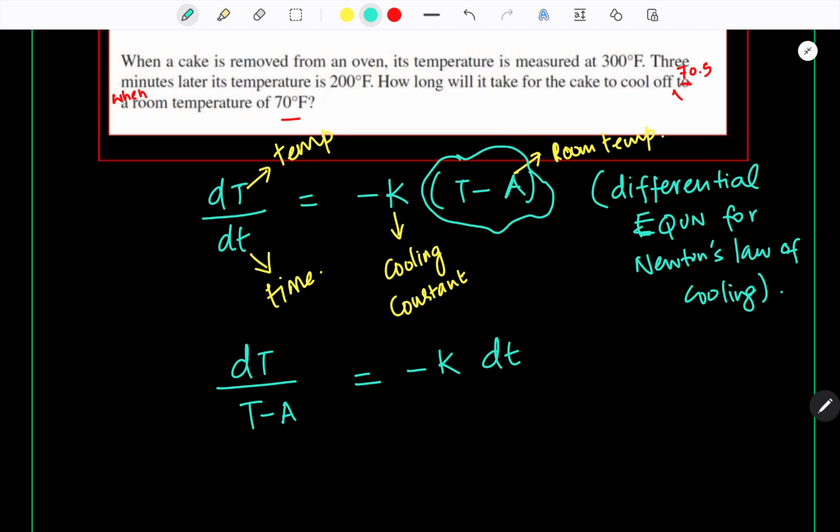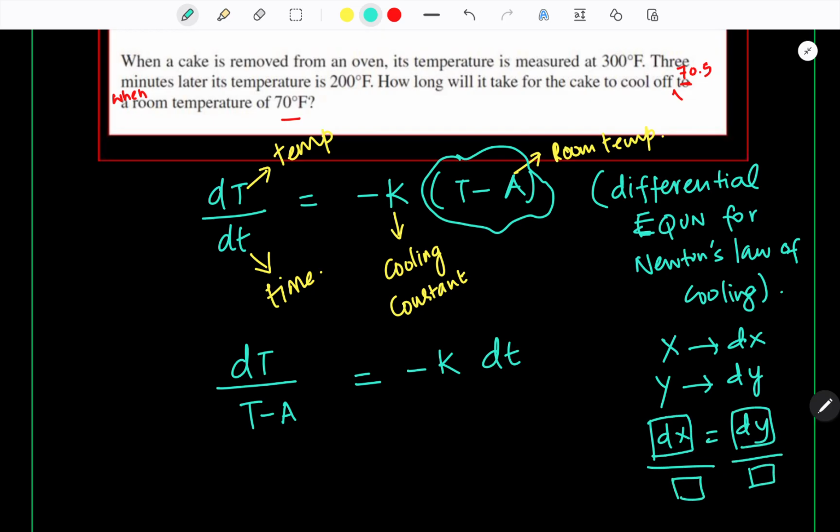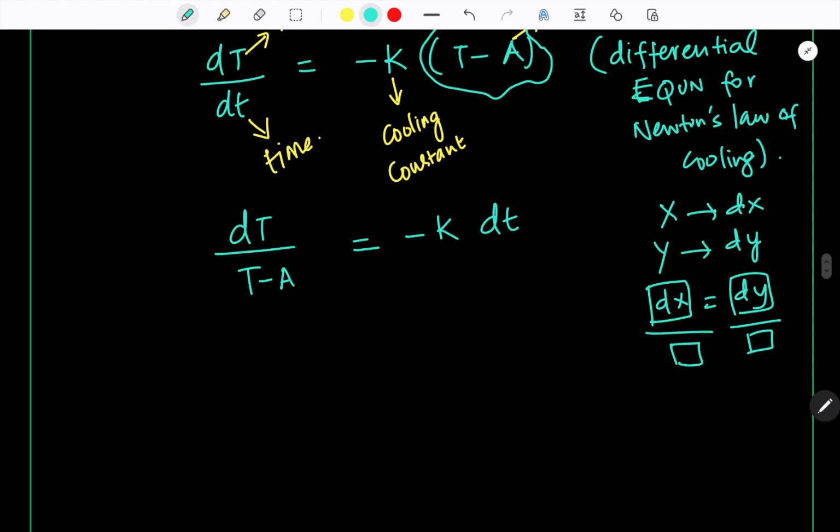Understand? Let me explain the variable separable method. x goes with dx, y goes with dy, and dx and dy should be in the numerator. Then only can we start the integration. What about here?